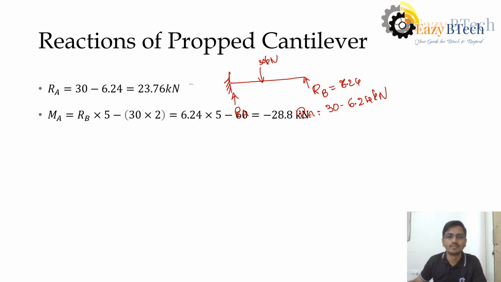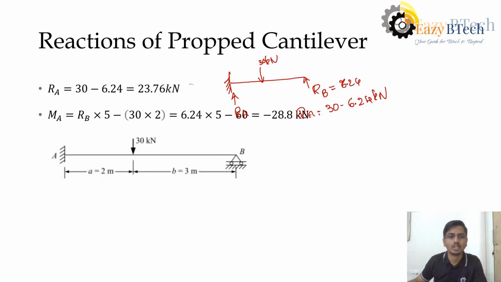Similarly, we need to get the moment also. So the moment here is the same thing. This distance is 5. This distance is 2 meters.